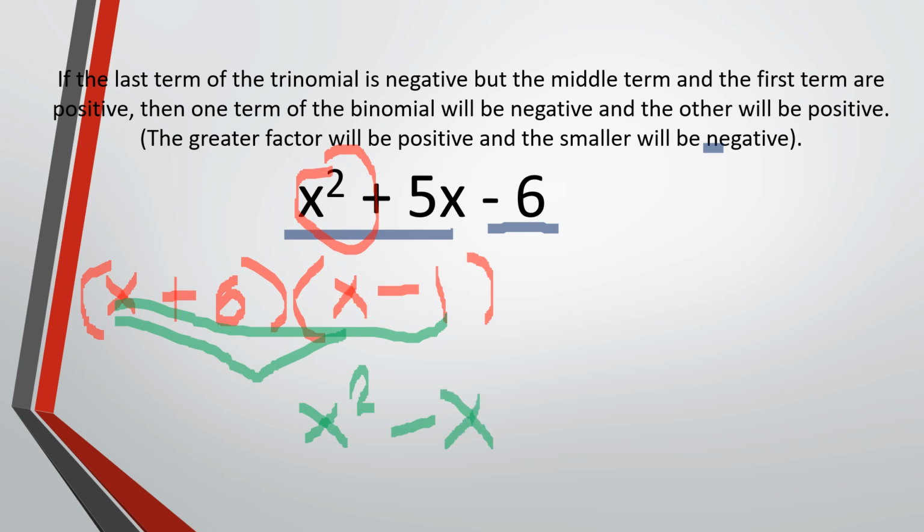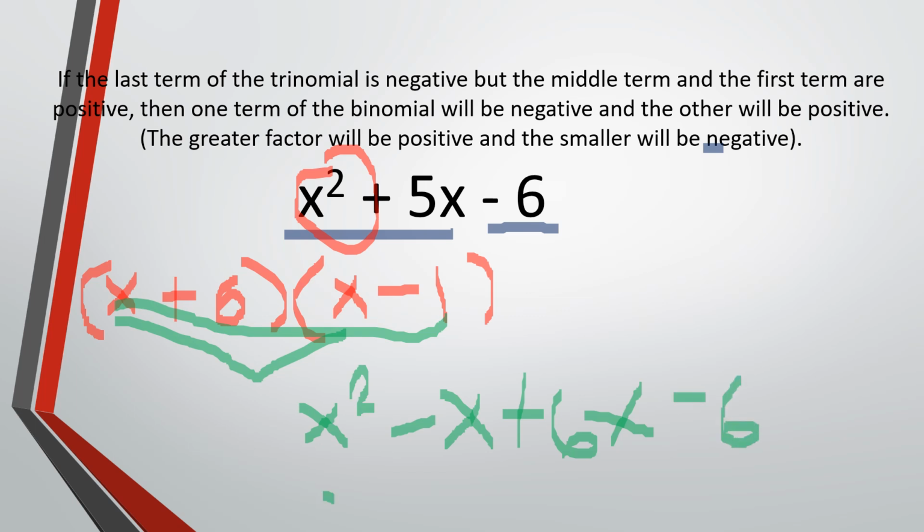If you multiply positive 6 by x, the answer is positive 6x. And if you multiply positive 6 by negative 1, the answer is negative 6.